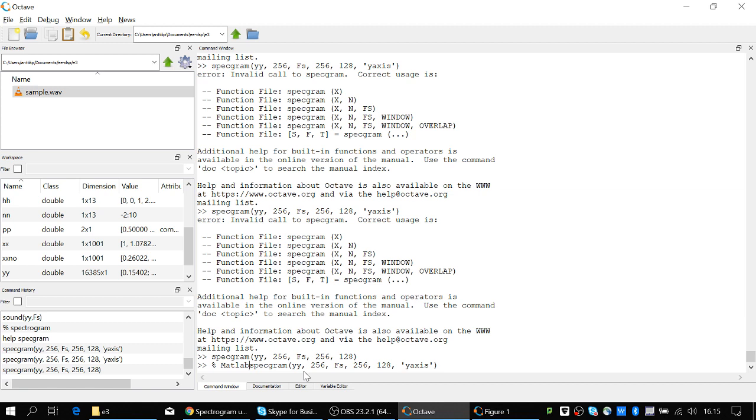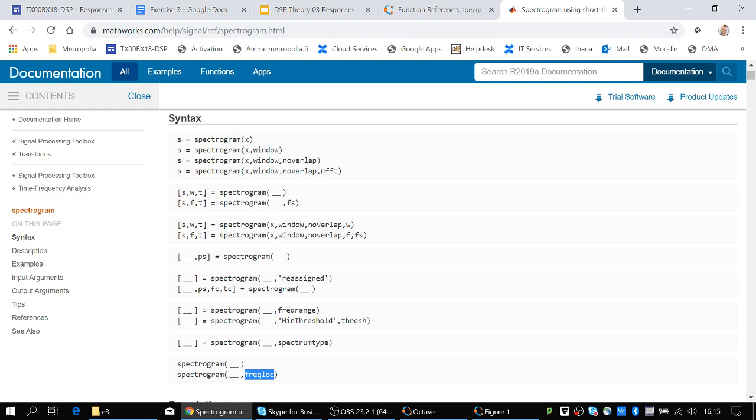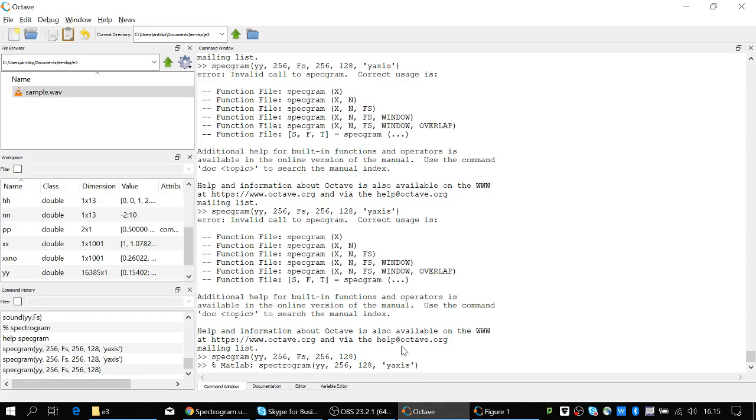MATLAB spectrogram. Okay, FS is outplaced, and then it's number of points on FFT, then it's overlap, and then it's, let's see, window, overlap and FFT. 256, FS, and then y-axis.